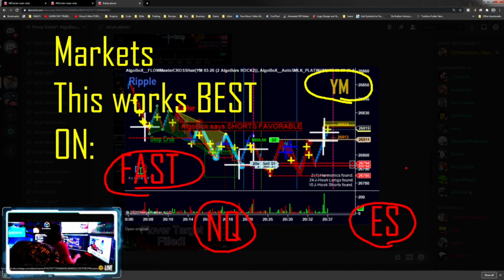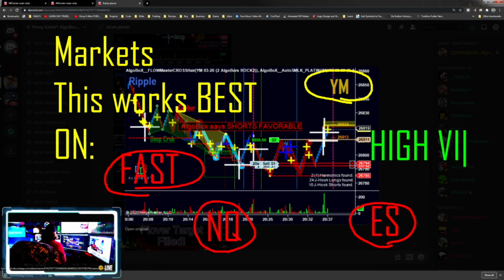However, other exceptions to that are, what happens when we have a high VIX? Okay, another classic for the plover when we've got high VIX, which right now, this type of market environment, wow, we're getting a thunderstorm out here. The high VIX is also helping us a lot with this trade strategy.